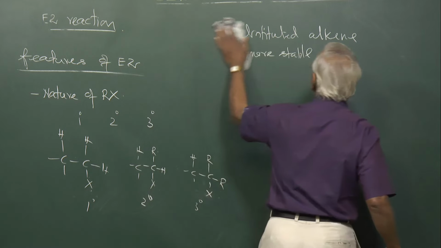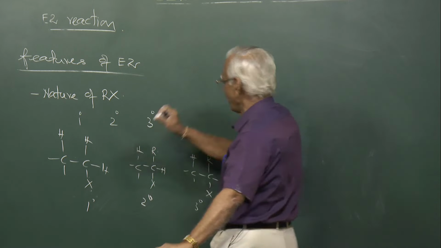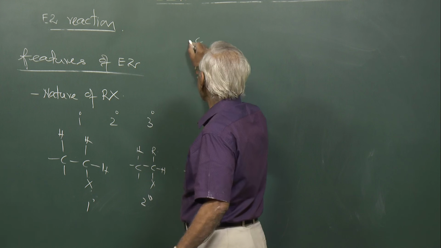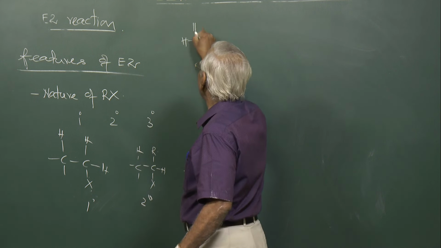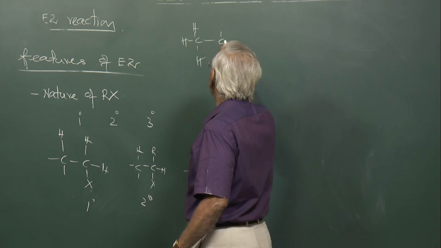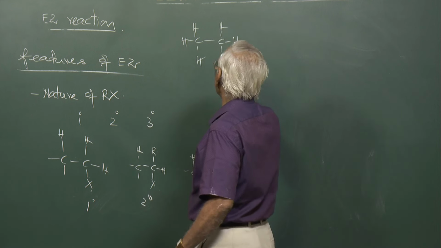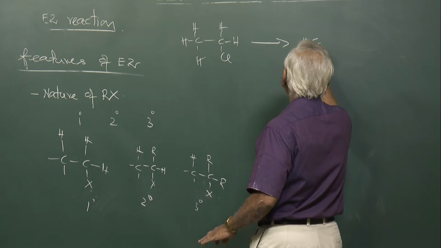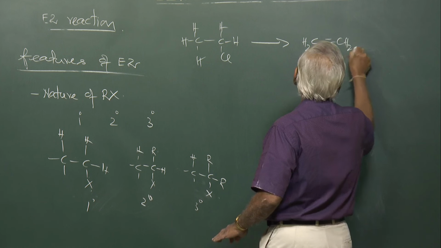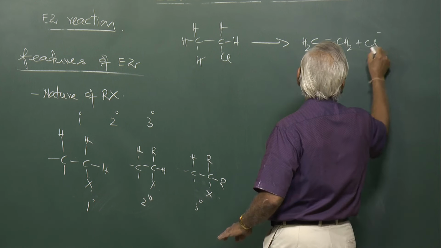Okay. Now, first of all, let me take CH3CH2, and chlorine. The product is going to be CH2 double bond CH2, plus Cl minus plus H2O.